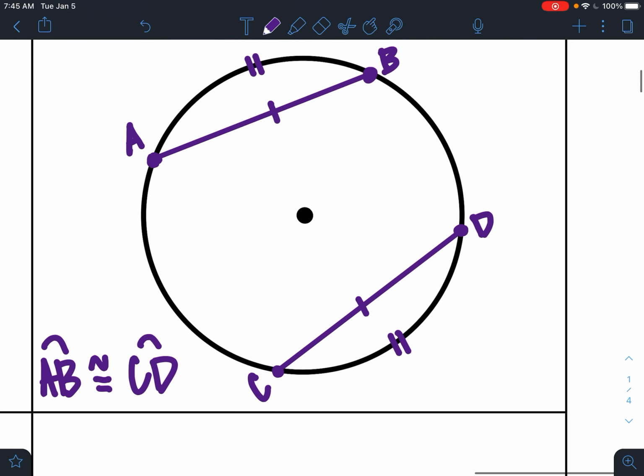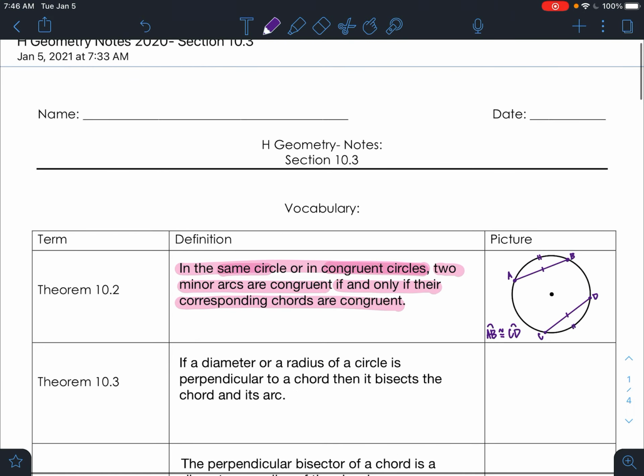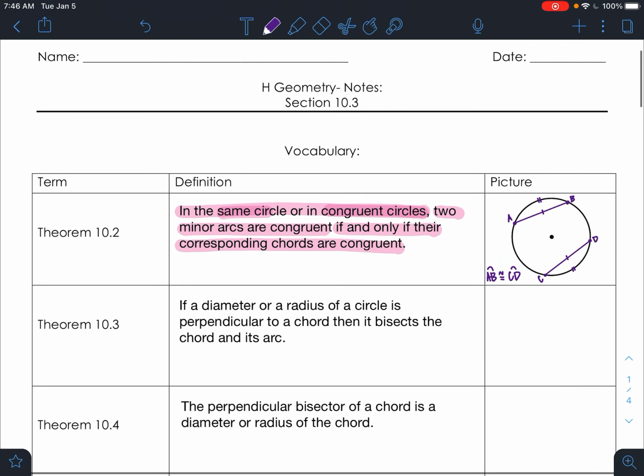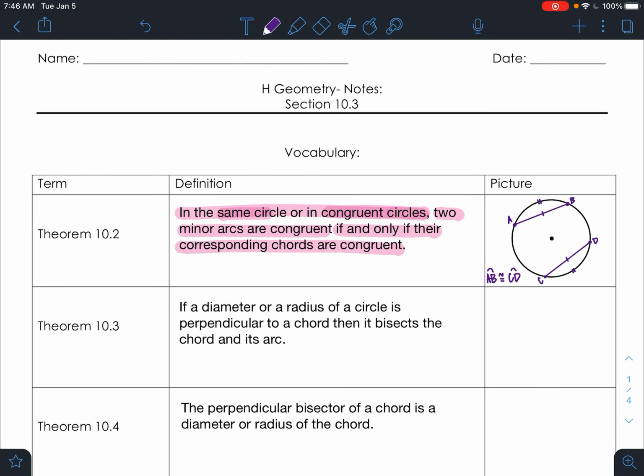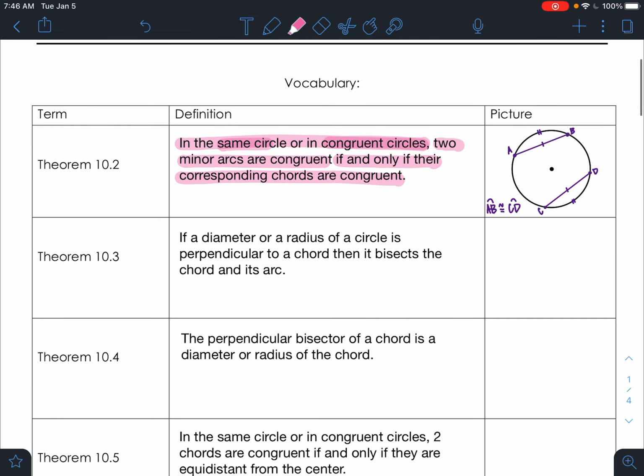And we could actually switch that around too. Let's say instead I started off knowing that the arcs are congruent, then I could conclude that the chords are congruent. So you can go both ways on that. So one more time, in the same circle or in congruent circles, 2 minor arcs are congruent if and only if their corresponding chords are congruent.